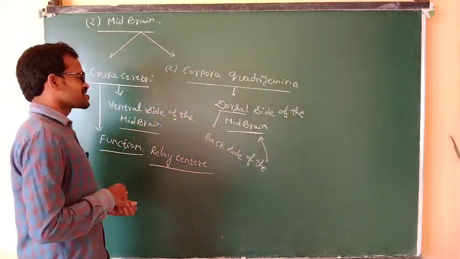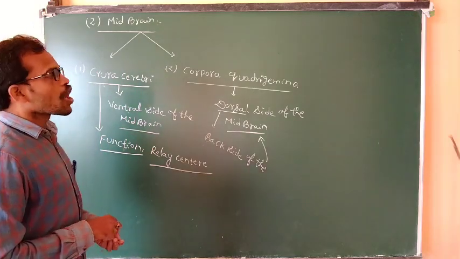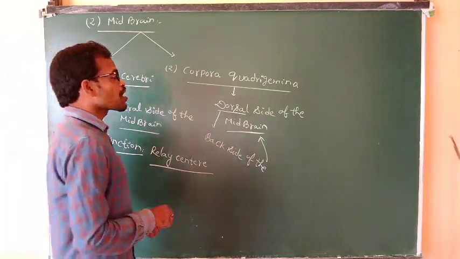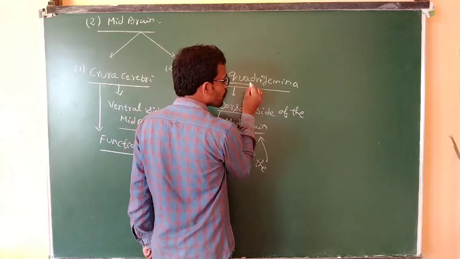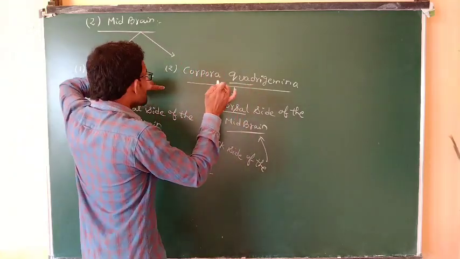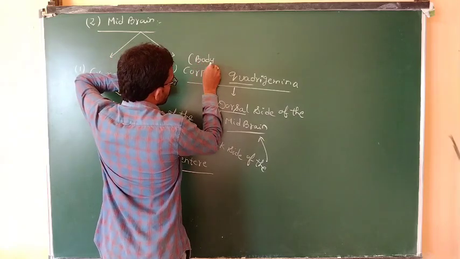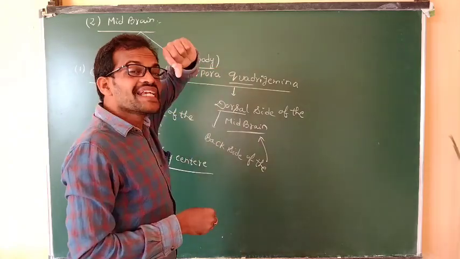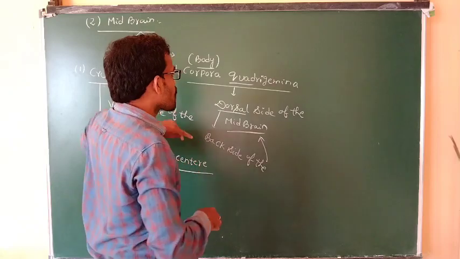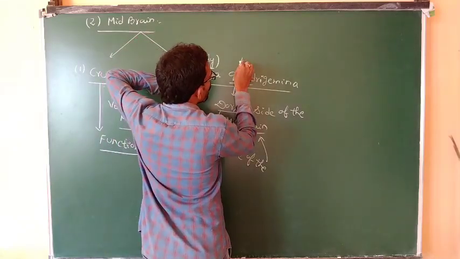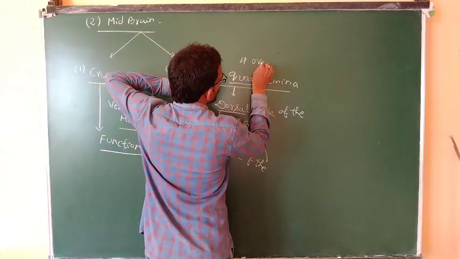Coming to the corpora quadrigemina. Corpora means body. This is the midbrain body. Quadri means four.